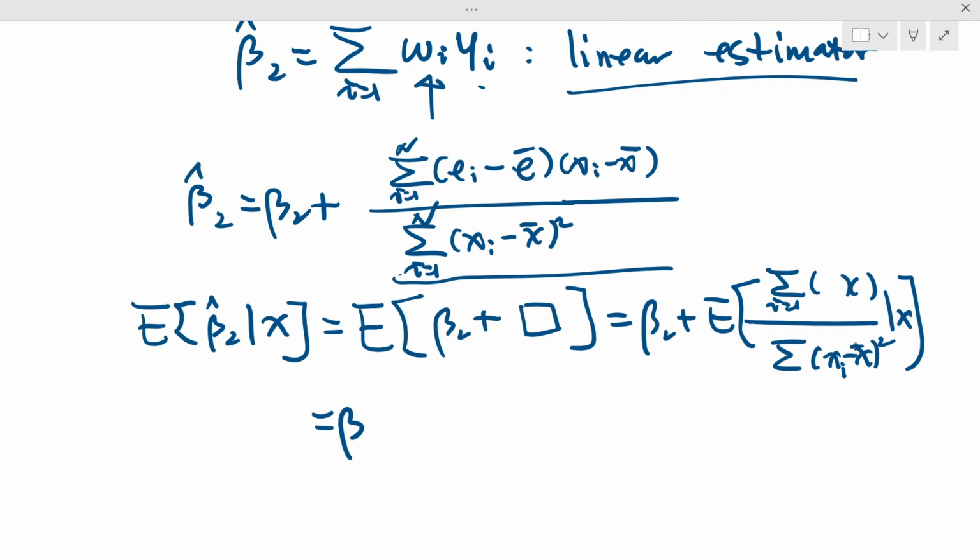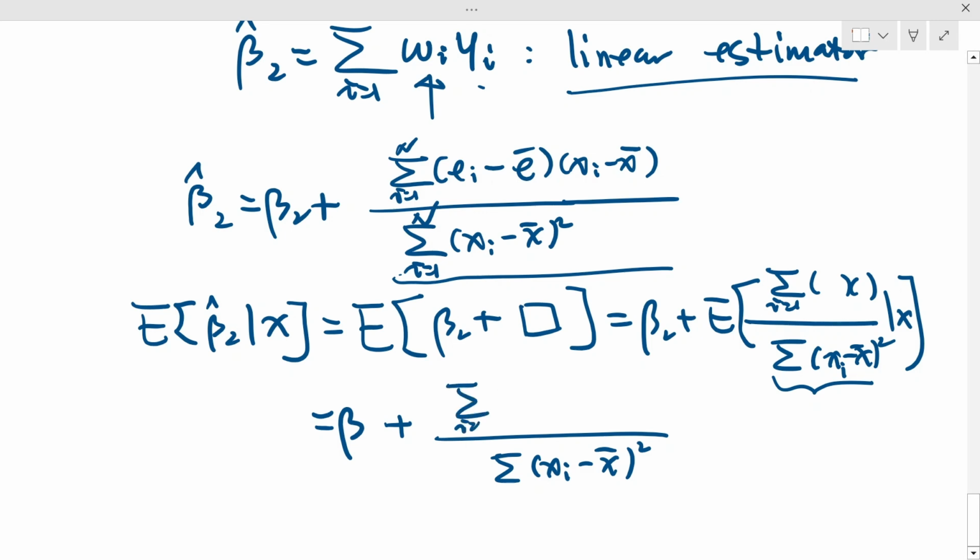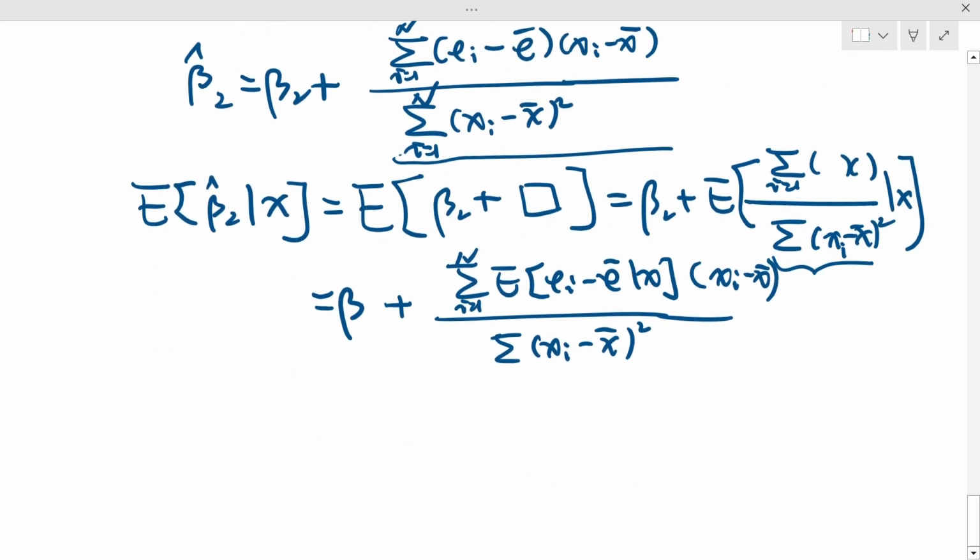So we can treat this as constant, so let's put it out. And in these terms, there's the expectation of e i minus e bar conditional on x, times x i minus x bar. We note that the strict exogeneity condition, we need this to hold at 0.